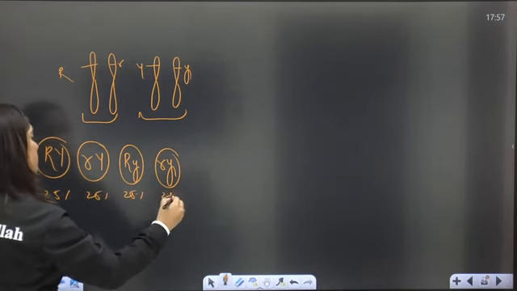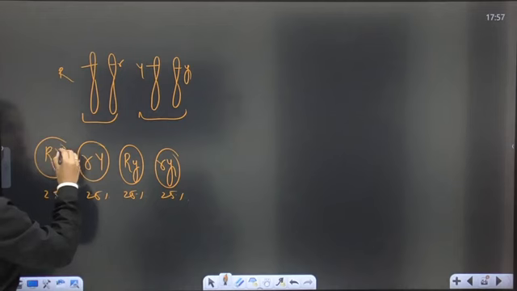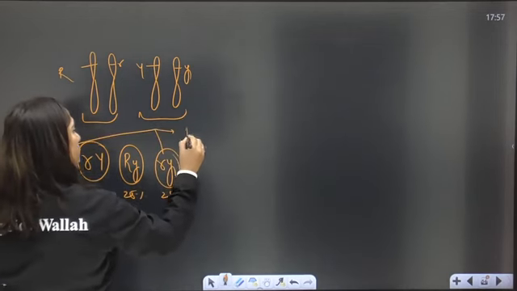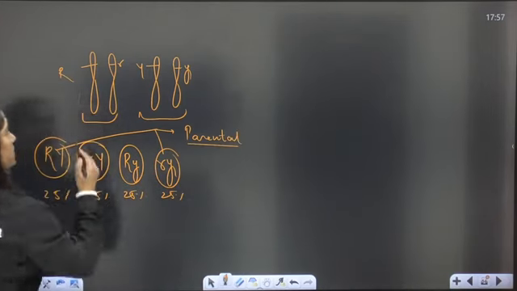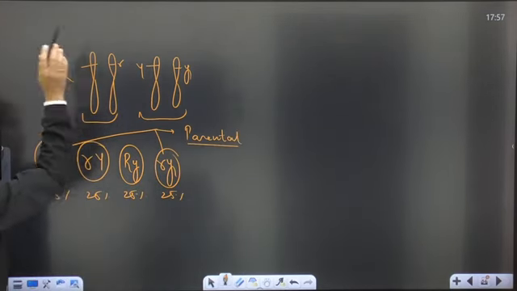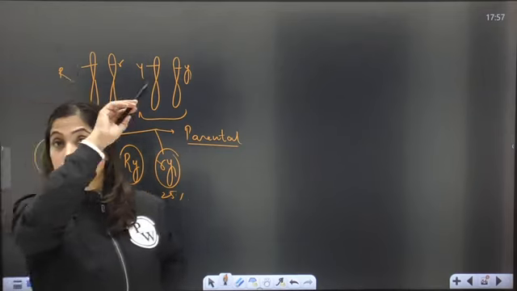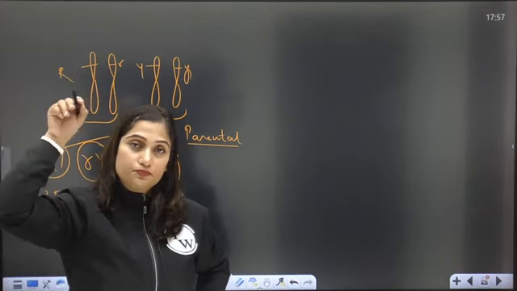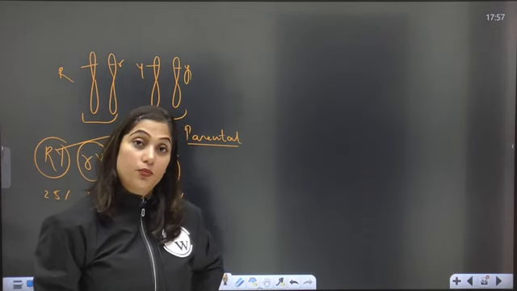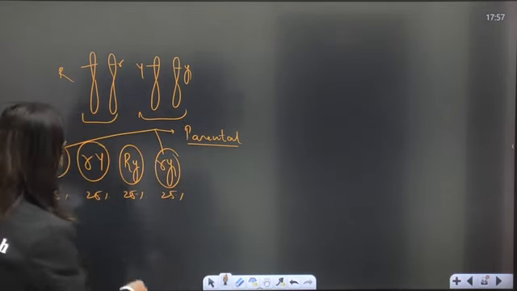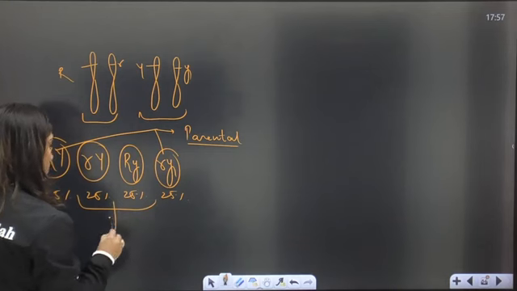These two are the parental types. Why parental types? Because you know what parents we took in the Mendel cross? Capital R capital R capital Y capital Y and small r small r small y small y. And these two forms are the recombinant forms.